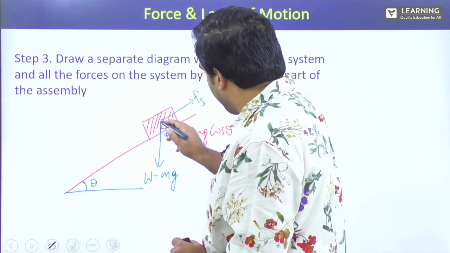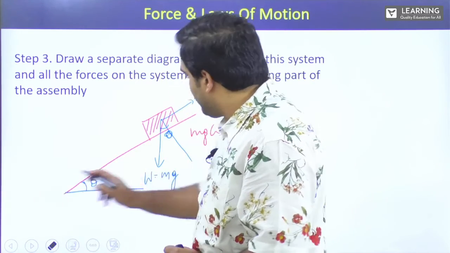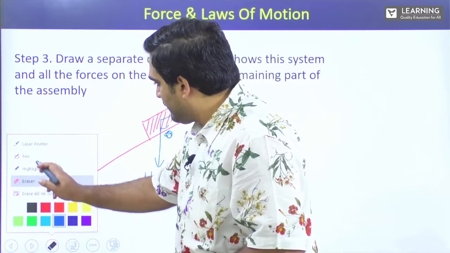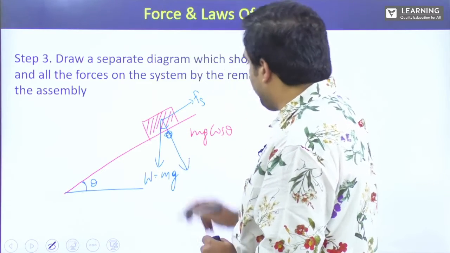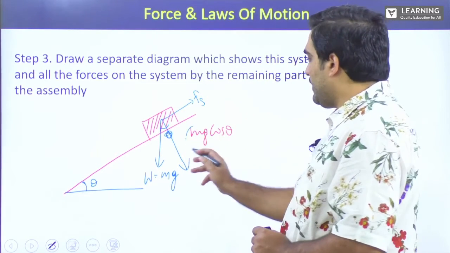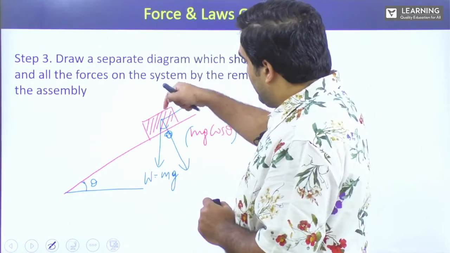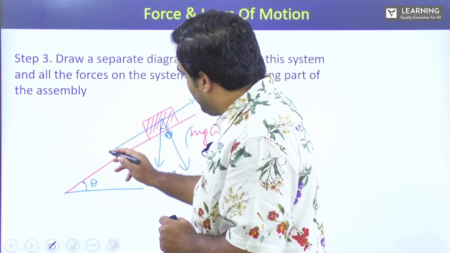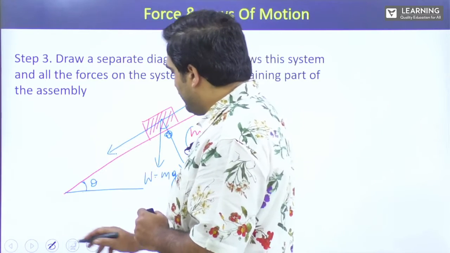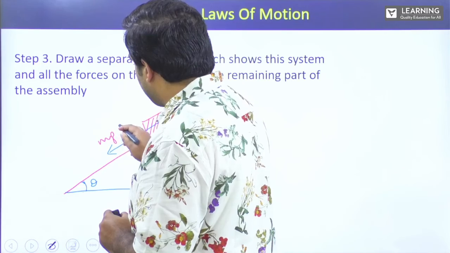Select blue color. So this will be mg cos theta. Now you can also identify another component, which is along this direction, which is mg sin theta.